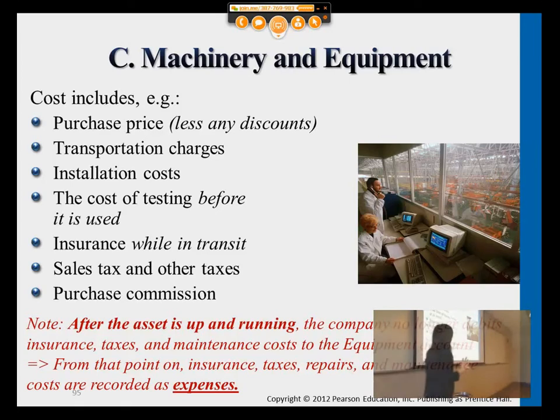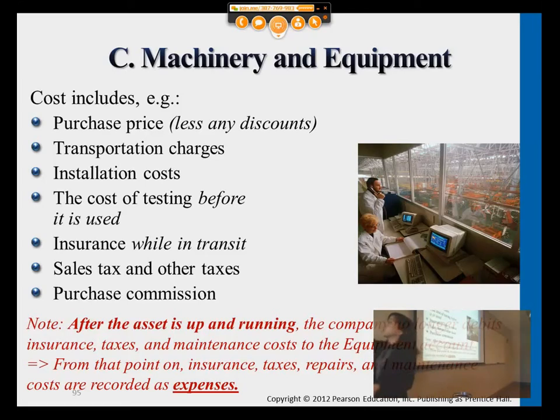If it's a routine change, like a battery change or oil change, that's minor and goes into expenses. Meaning later on, once the asset has been used for a year or a season, if we spend $100 on changing the oil of a certain asset, that's considered a repair and maintenance expense, and we credit cash. So earlier this is an asset entry, and this is an expense entry. This is for minor repairs.